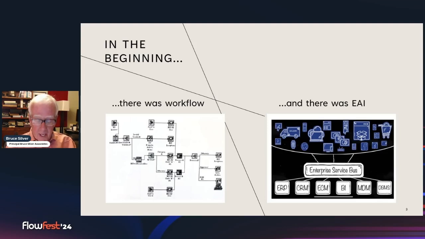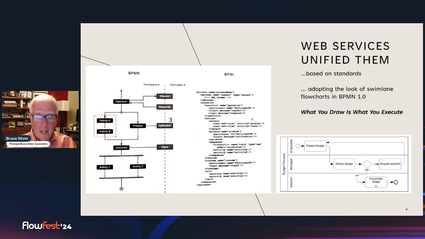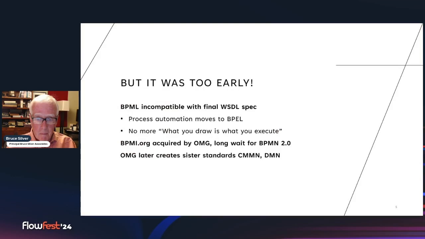Both workflow and EAI software were proprietary. There were no standards. It was a real mess. Now, suddenly, a new technology called web services offered the possibility to unify them based on the standards of the World Wide Web.